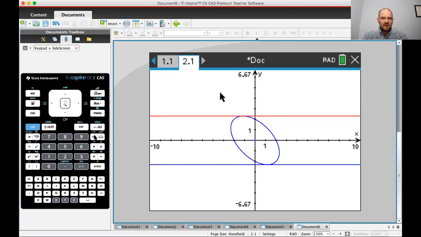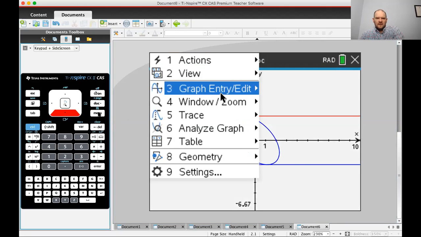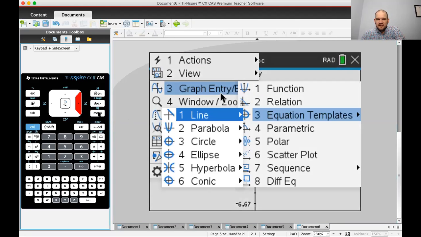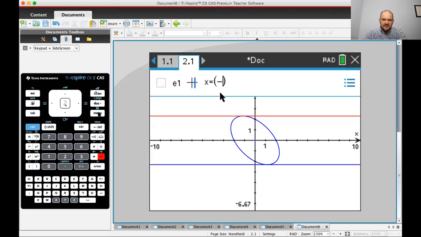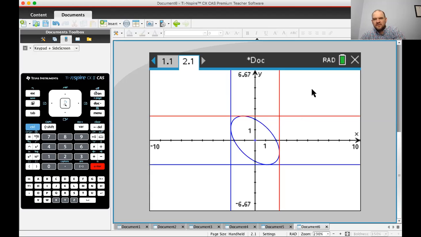Then I'm going to change it to equation template, line, vertical line. So negative 4 over square root of 3, and then positive 4 over the square root of 3. So look at that. That all seems really good, right? We got vertical, we got horizontal. I think we did it, frankly.